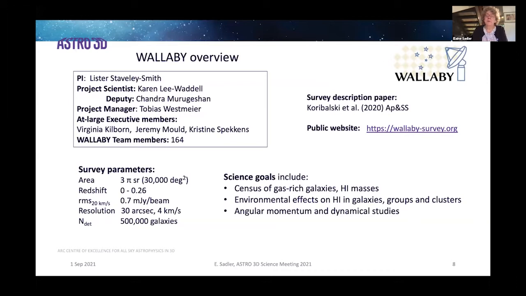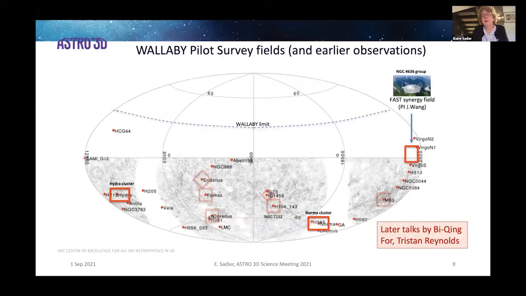Nice survey description paper published last year, and also a very informative public website. I will just lay out for you the location of the early science and pilot survey fields for Wallaby. Here you can see that they're covering fairly substantial chunks of the sky, and I will leave further details for the later talks by Beeching 4 and then the sprint talk of Tristan Reynolds.